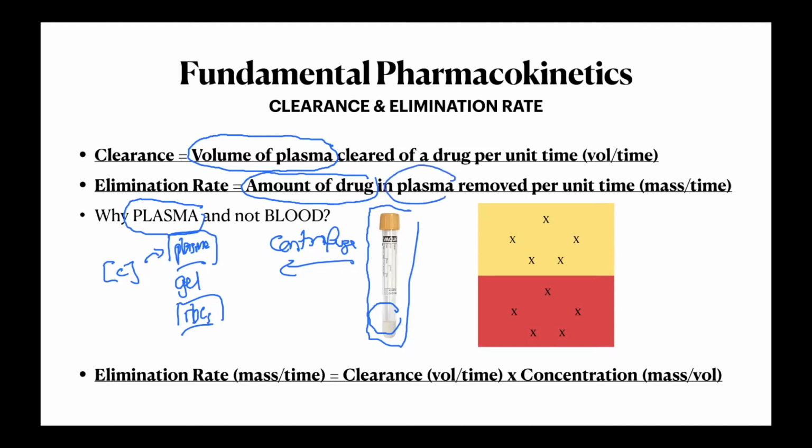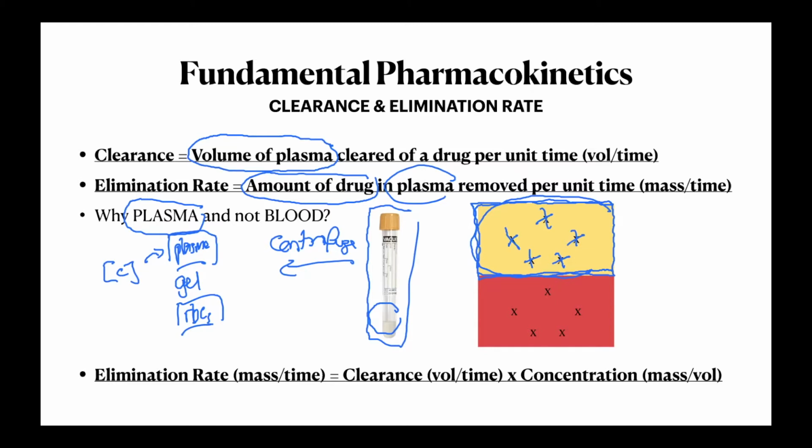And if we look at this diagram here, when we talk about clearance, it's the volume of plasma cleared of a drug per unit time. So it's the volume of this compartment here. Whereas when we talk about elimination, it is the amount of drug, so it's what's inside the volume. And you can see that relationship already.